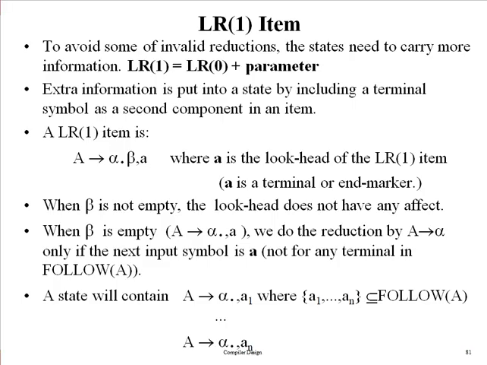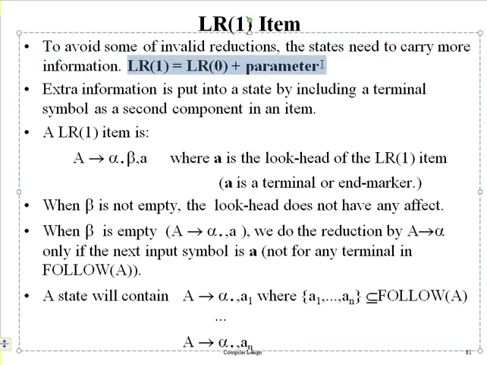And as we have discussed, in constructing the CLR parsing table, we create LR1 items, not LR0 items. So what is an LR1 item? We can mathematically express an LR1 item as LR0 plus a parameter.